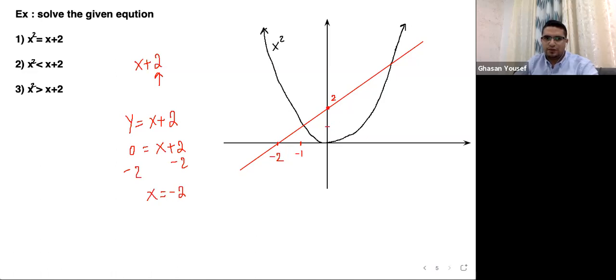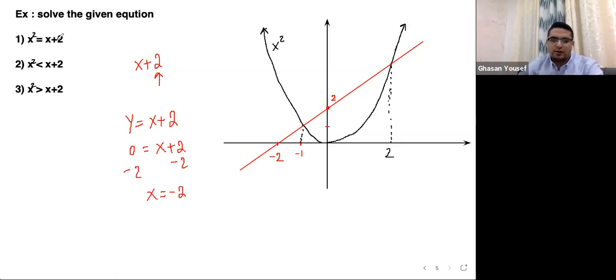If we're looking here, this point here is -1, and also this point here is 2.